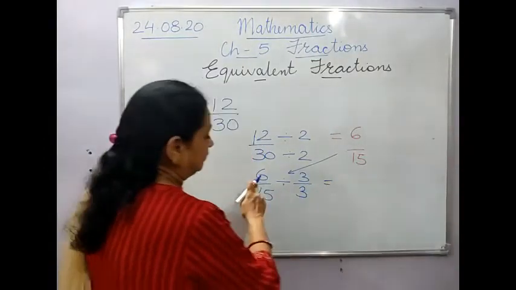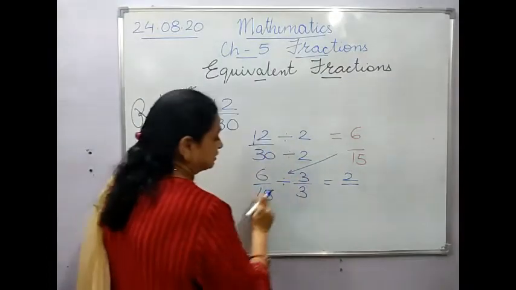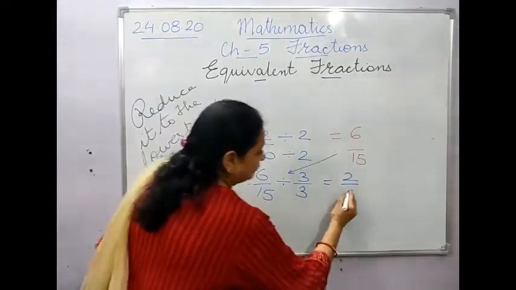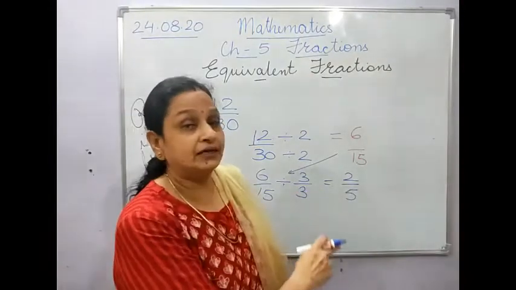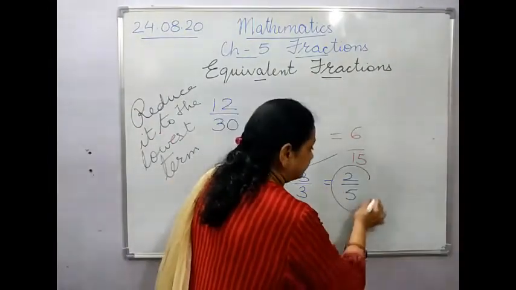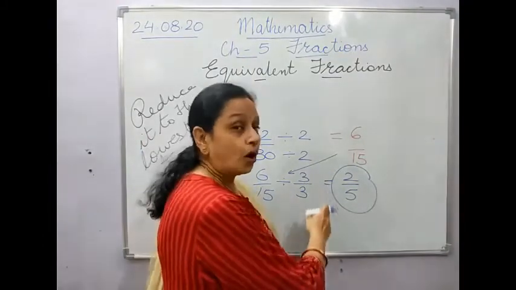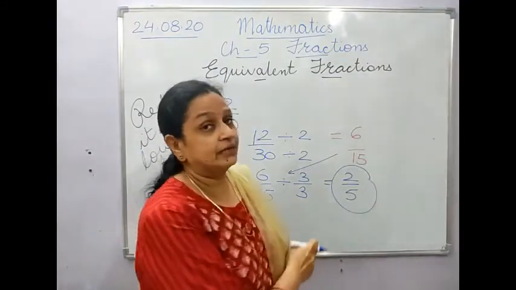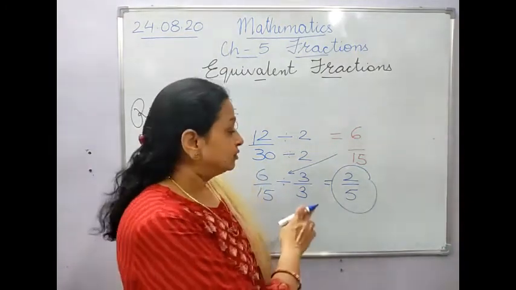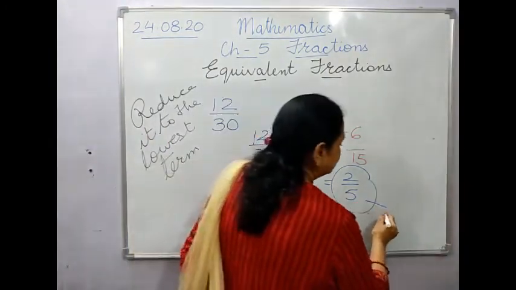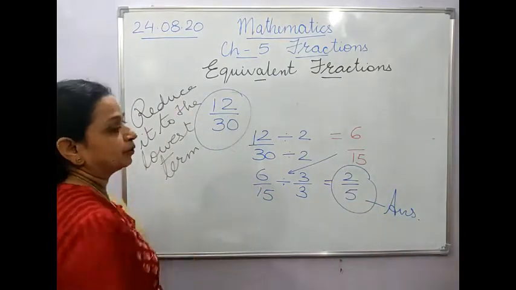So, if we divide 6 by 3, we get 2. 3 5s are 15. Now there is no factor or number which can divide the numerator and the denominator, except 1 which we don't take. So this is the reduced term of your 12 upon 30.